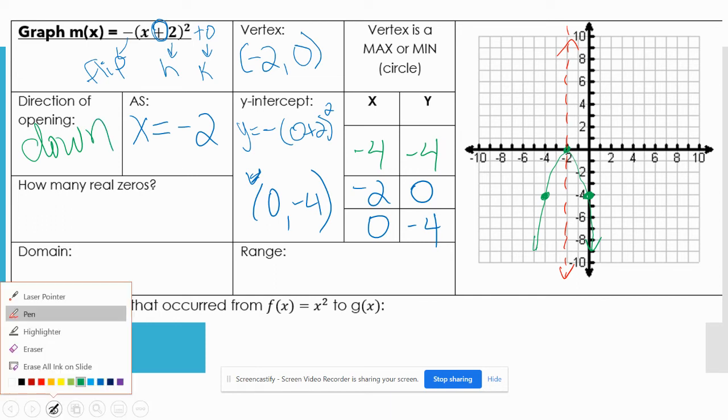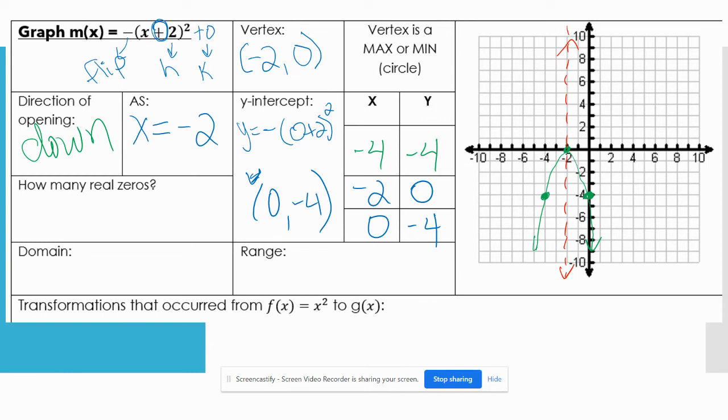Real zeros, remember, are the exact same as x-intercepts. Here is the x-axis, and this point is the only place it's touching, so we have 1 real zero. Our domain, again, is still -infinity to infinity because of the arrows we have at the end there. And then our range, we have y. We're going down, so that's less than or equal to, and the y value of our vertex is 0.